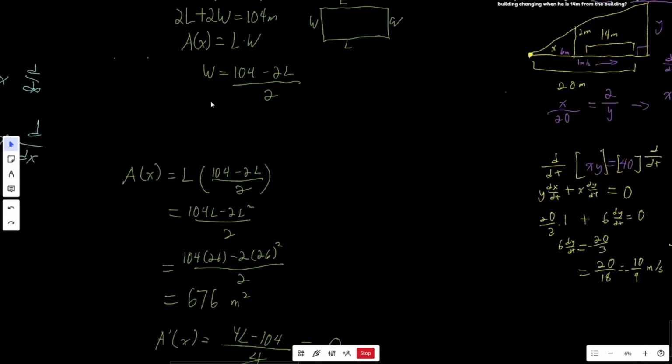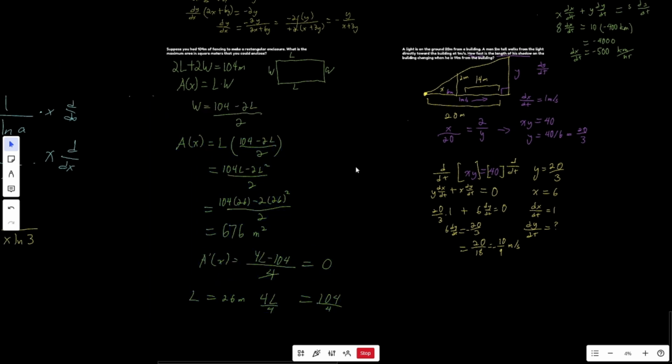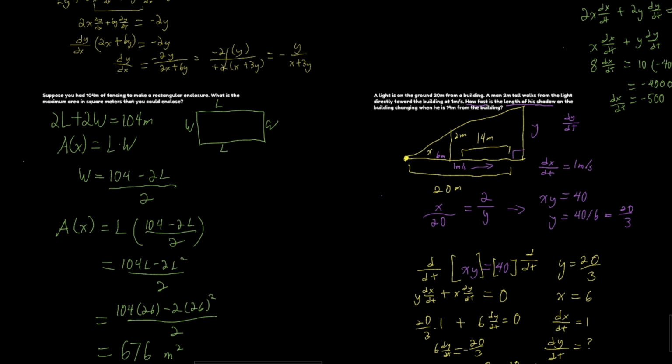And again, for this one, optimization is basically also another type of related rates, but instead you're trying to find a certain value, as opposed to related rates where you're trying to find a value that's already there. The value that you find in optimization is independent from the stuff that are already defined, other than the fact that there's a constraint.